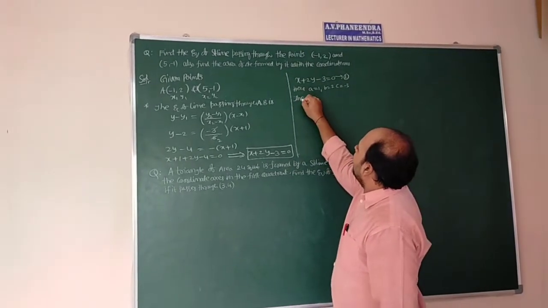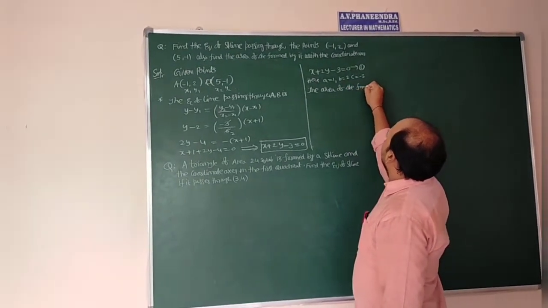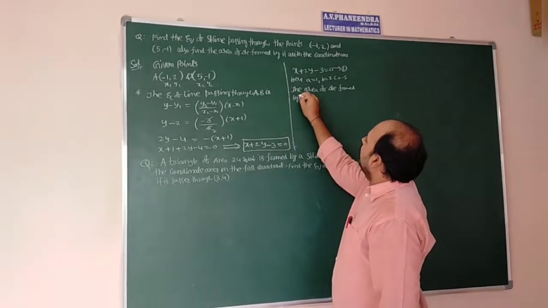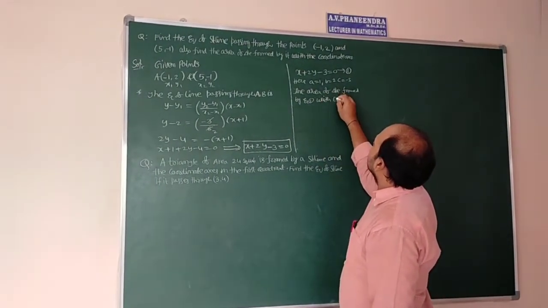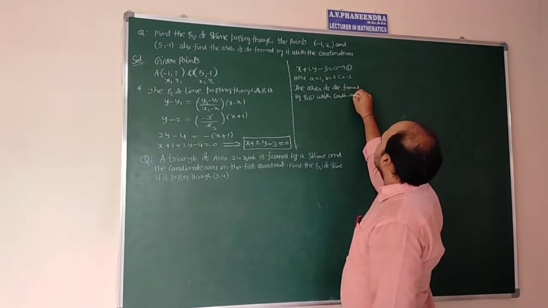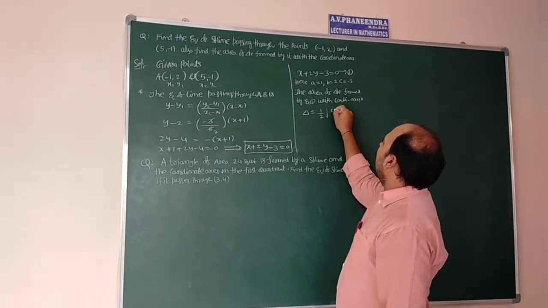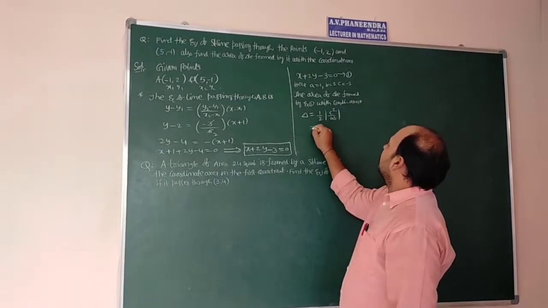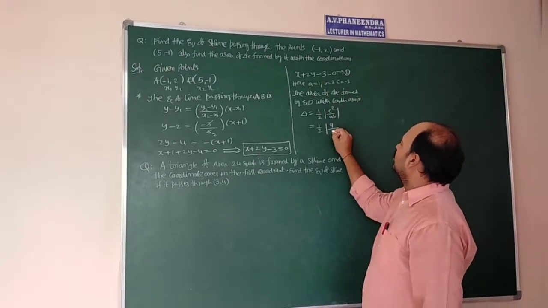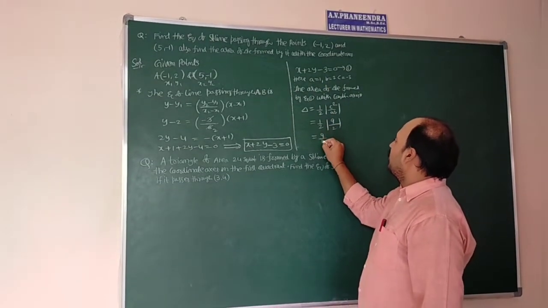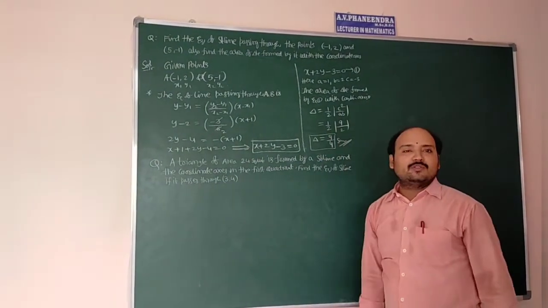The area of triangle formed by equation 1 with the coordinate axis is delta equal to half c square by AB, which is equal to half, c square, minus 3 whole square, 9 by AB, 1 into 2. So which is equal to 9 by 4 square units. Like this you have to do the answer.